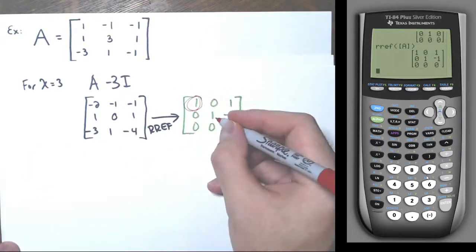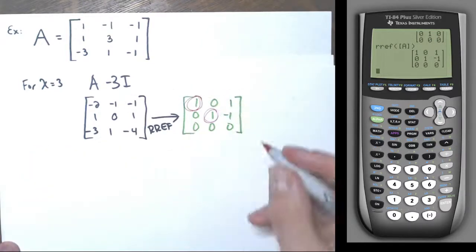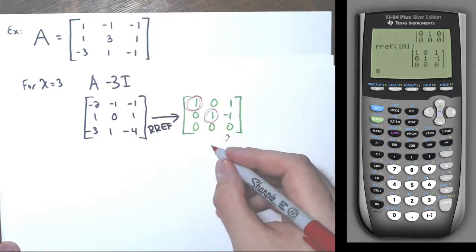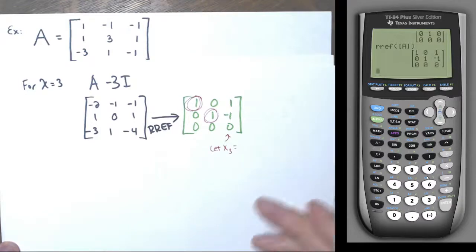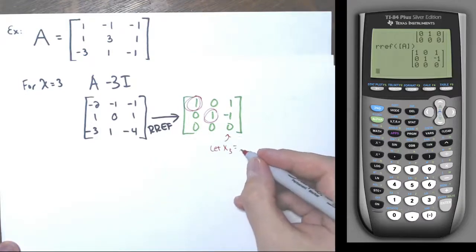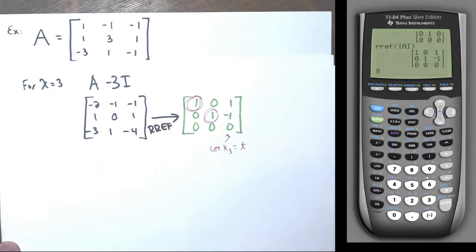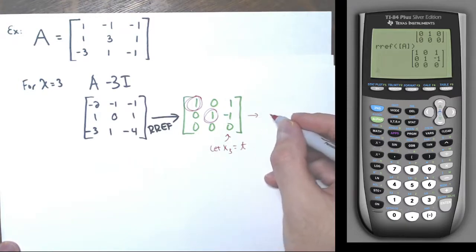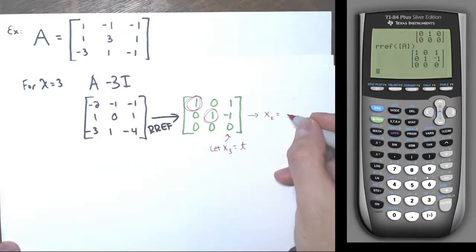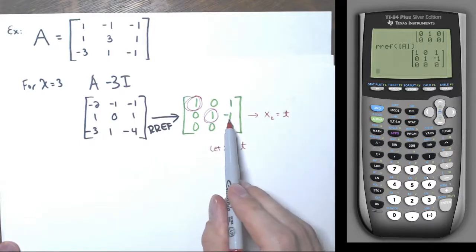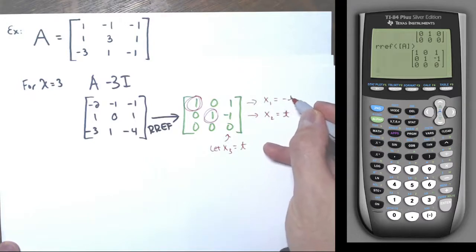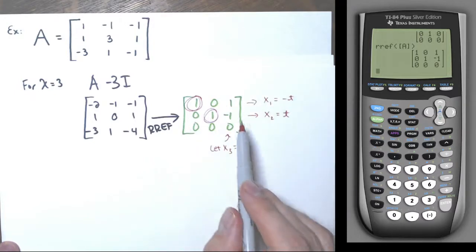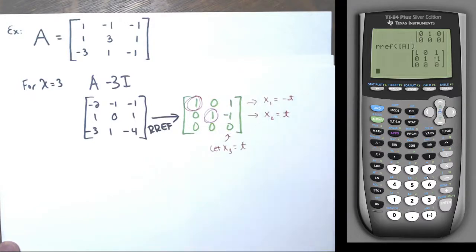First column is a pivot column, second column is a pivot column. Again, the third column is representing the coefficients of x3. If I called my vector x1, x2, x3, that's a free variable. I'm going to let x3 be t again. Seeing from the second row that x2 must be equal to t as well, because it's x2 minus t equals 0, add t. And then x1 must be the opposite of t: x1 plus t equals 0, subtract t. So t times negative 1, t times 1, t times 1.